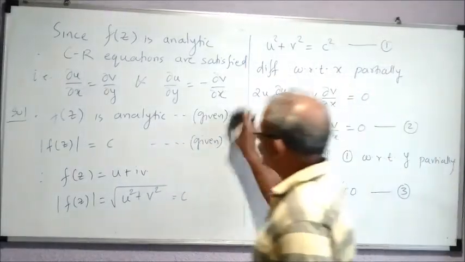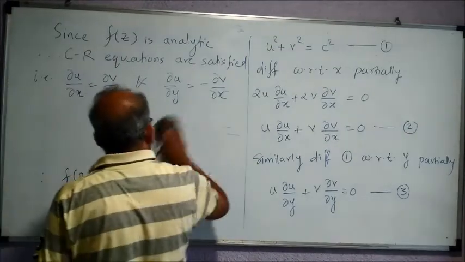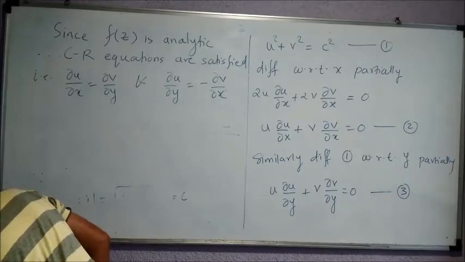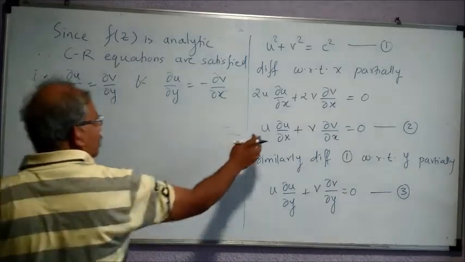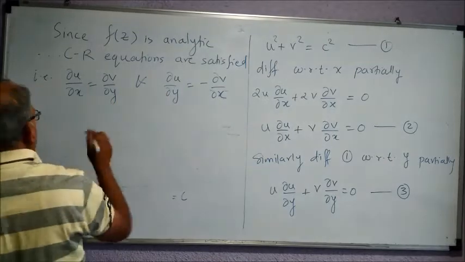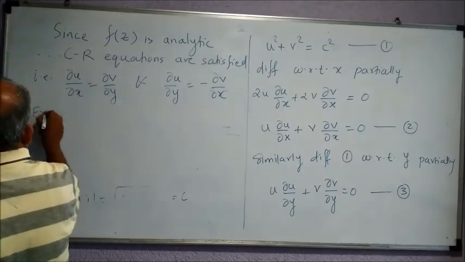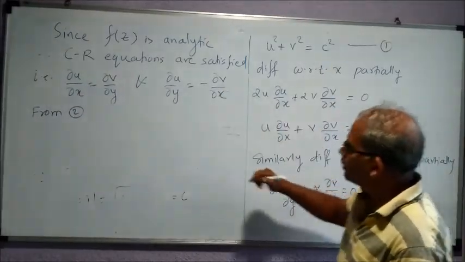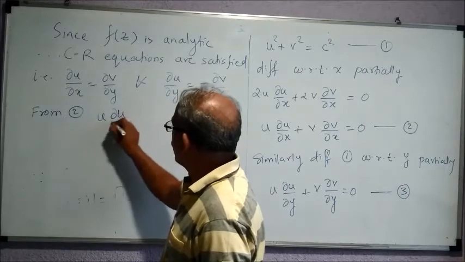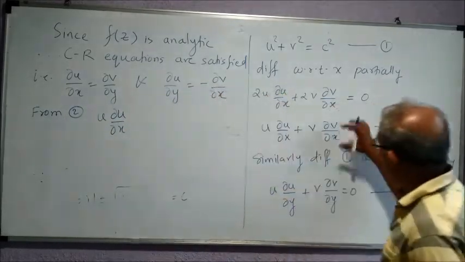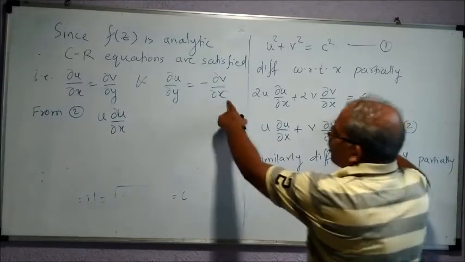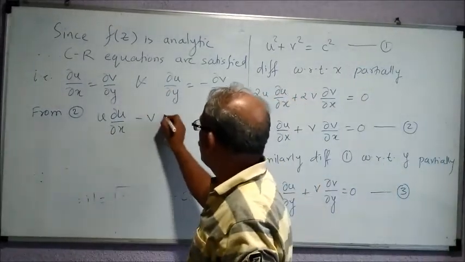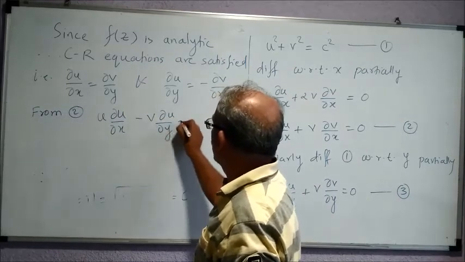Now how are these changing? From equation 2, I keep u ∂u/∂x as it is. Now ∂v/∂x can be written as minus ∂u/∂y, so this is minus v ∂u/∂y equal to 0.